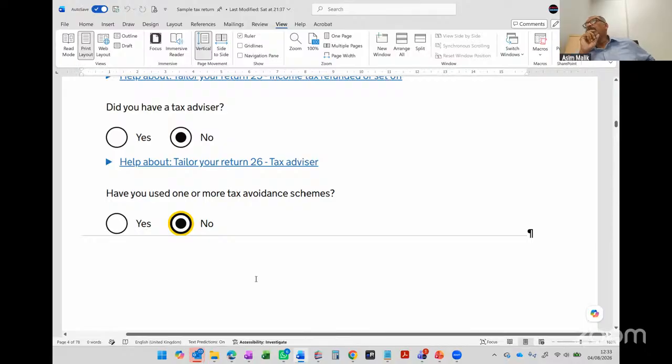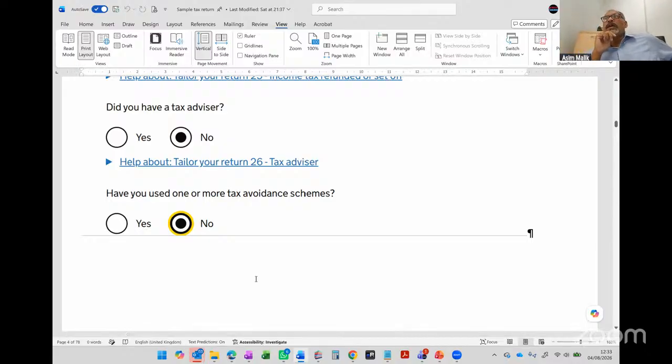Tax avoidance schemes. अगर आपने किसी भी किस्म की tax avoidance scheme यूज की है, HMRC wants you to disclose that नंबर. हर टैक्स अवॉइडेंस स्कीम जब बनती है, तो seller of that scheme has to get registered with the taxman. I don't know people who are following UK tax system recently.